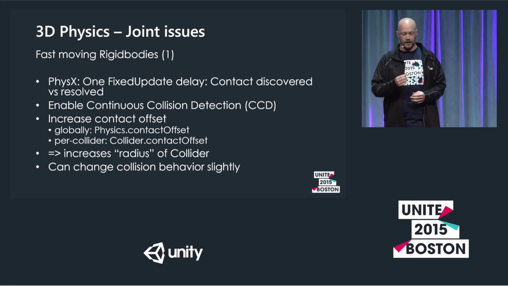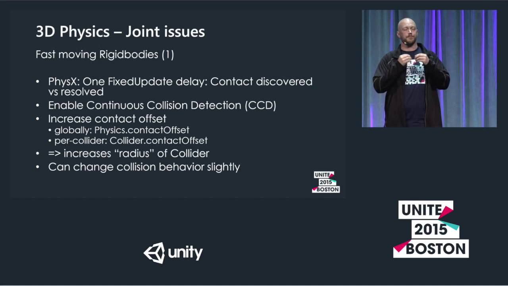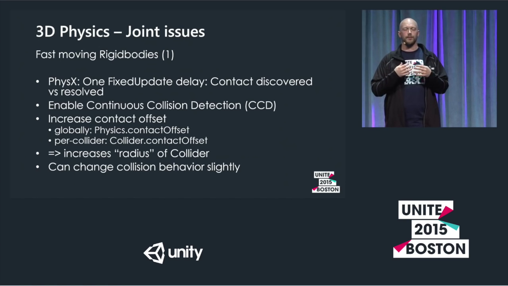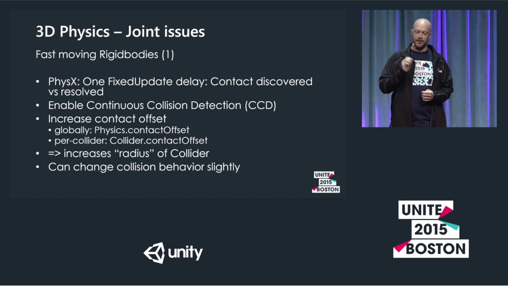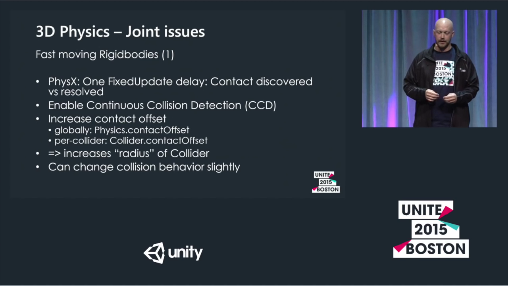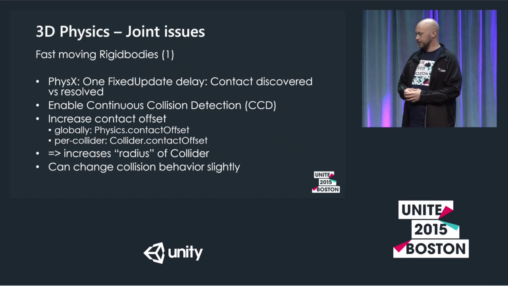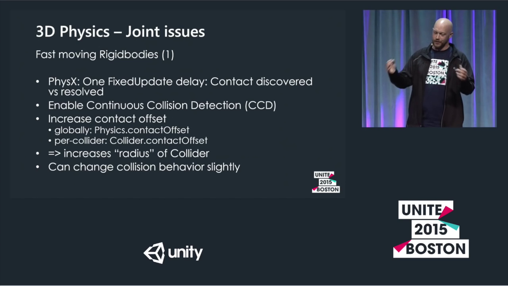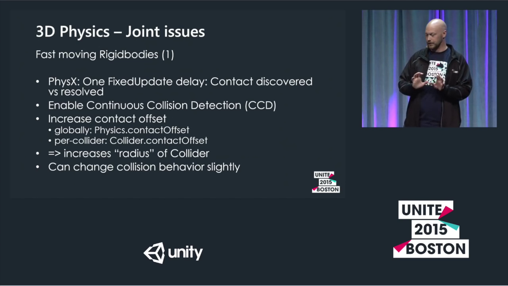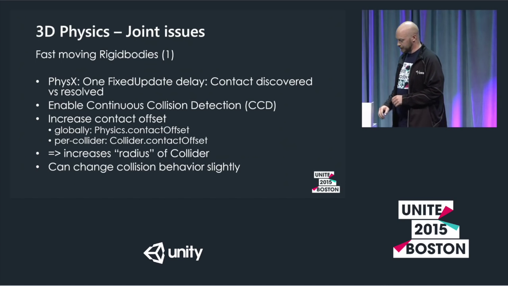It also has a slight drawback: because contacts will be created earlier than they are by default, you will maybe have slight changes in the way your collision responds, because contacts can move slightly as they are detected at a different point in time. So you cannot just take a level that's very finely tuned and crank this all the way up and not expect anything to change. But it's still a good thing to consider.